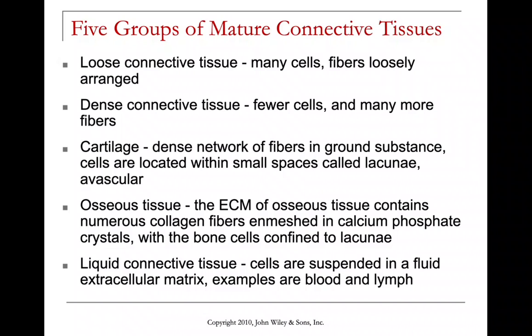In osseous tissue, the extracellular matrix contains numerous collagen fibers as well as calcium phosphate crystals. The bone cells are confined to the lacunae. And in liquid connective tissue, the cells are suspended in a fluid extracellular matrix, things like blood and lymph.